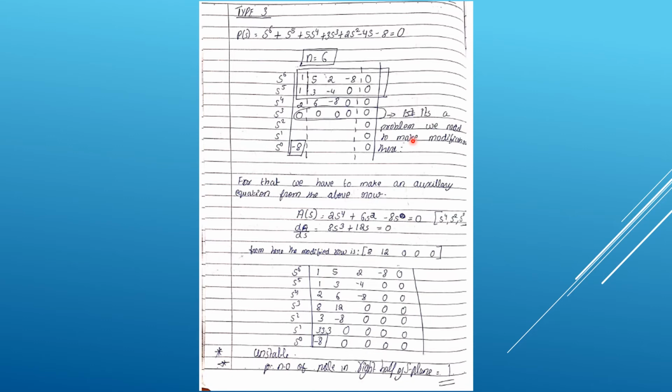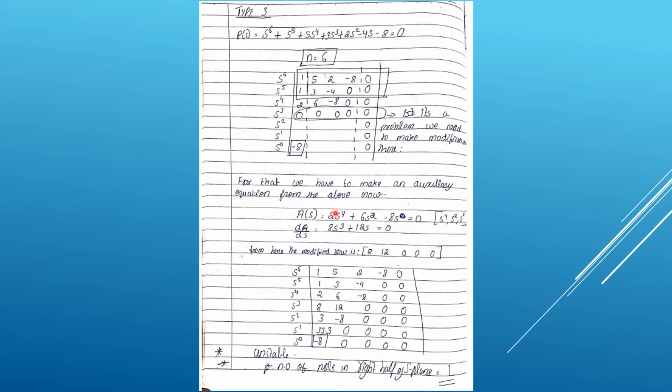We modify that row. How to modify, I will explain. The row above the zero row, that is 2, 6, minus 8, we should take that row and check. Here the power of s is 4, then we should take s to the power 4, s to the power 2, s to the power 0, that is even power reduction.